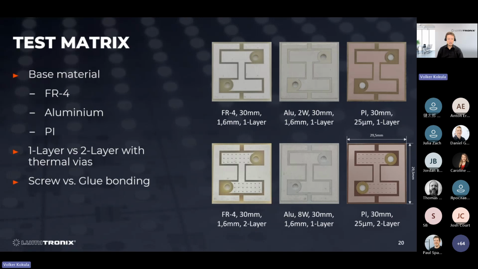Also, we will compare different dielectric thermal conductivities for aluminium, and we will look at different thermal interfacing. In this presentation, we will focus on the difference between screwing the device under test onto the heatsink without a TMI and using glue bonding.